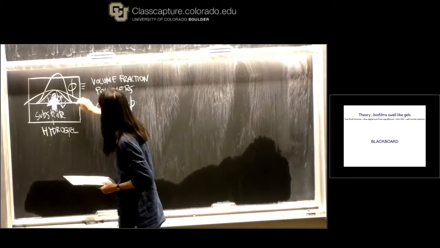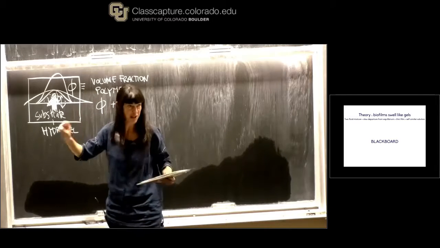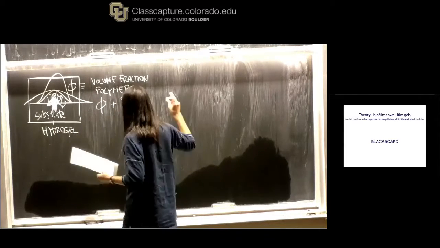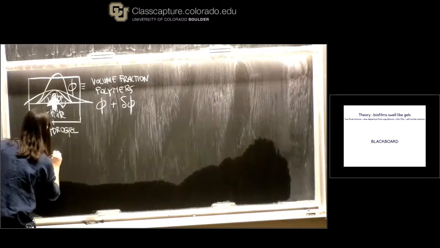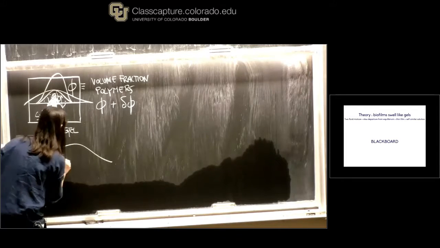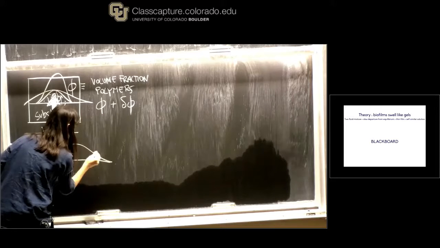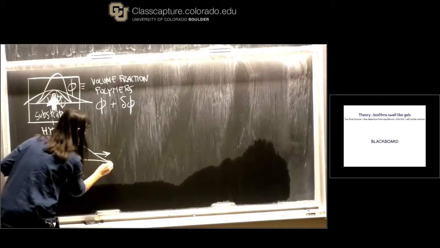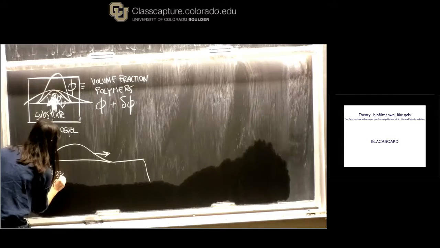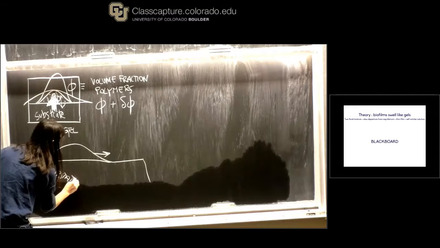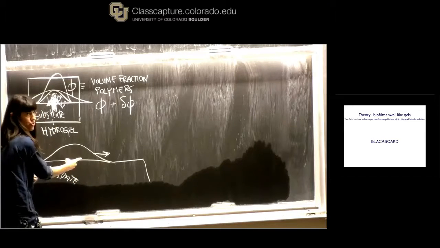Now you have to tell me how, right? Okay, so here is the biofilm, and according to you, it's expanding, and here is the substrate, and this is solid, and this is also solid.